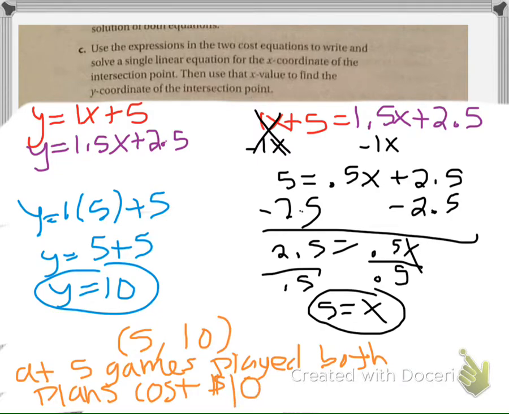Okay? So you should have all the work for solving, setting the two equations equal and solving, and you should have the solution written down as a coordinate pair, 5, 10.